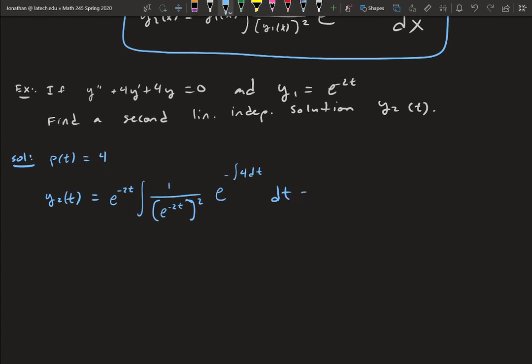So that's going to be e to the negative 2t times the integral of e to the 4t. Doing a little algebra here, square that by multiplying: that's e to the negative 4t in the bottom, which becomes e to the 4t when I move it up, times e to the negative 4t dt.